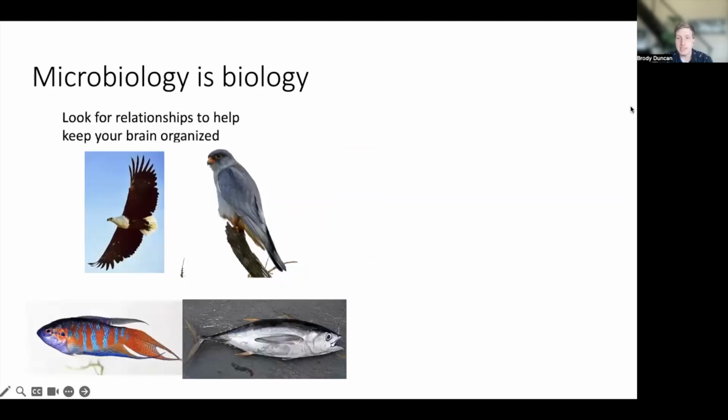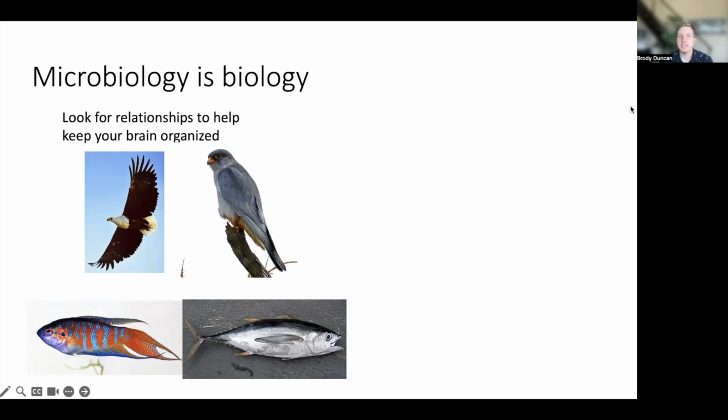So for me, as I was studying and learning about this, one thing I found really important about biology is to look for these evolutionary relationships to help keep your brain organized, right? Like imagine if you were an alien and you had to learn all about all the different animals that exist, right? It's a humongous task.